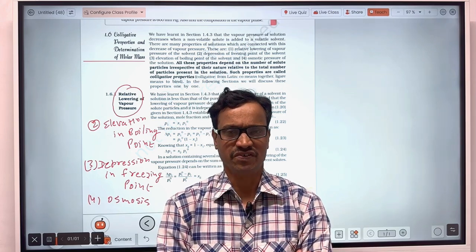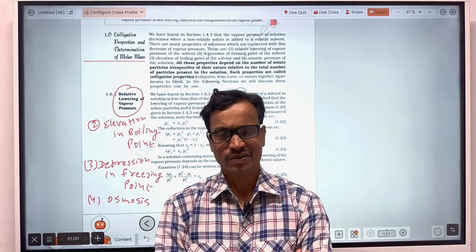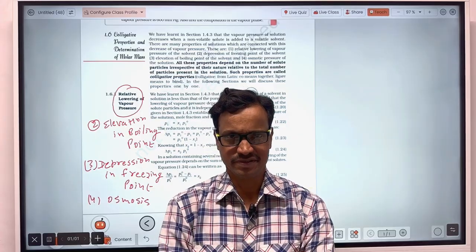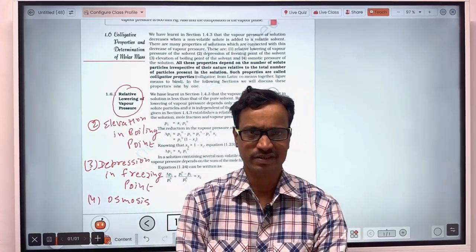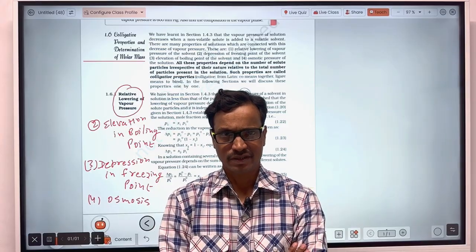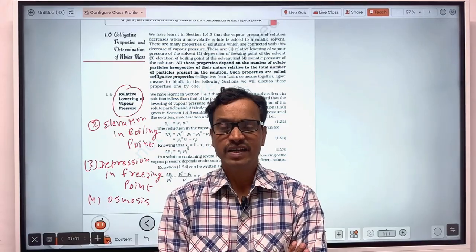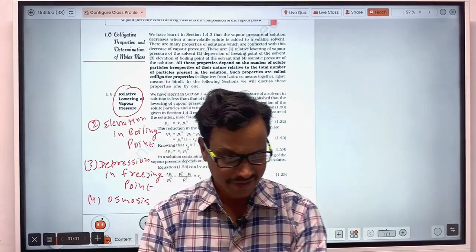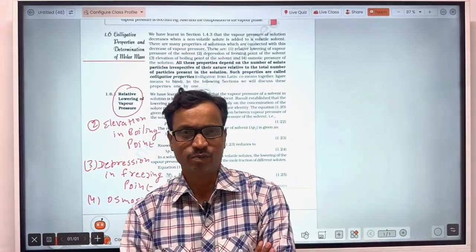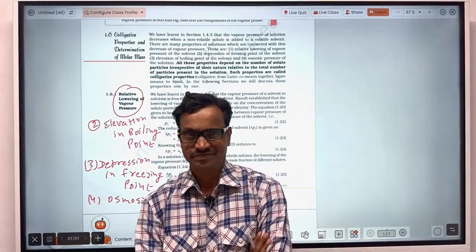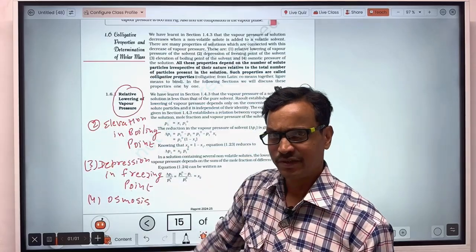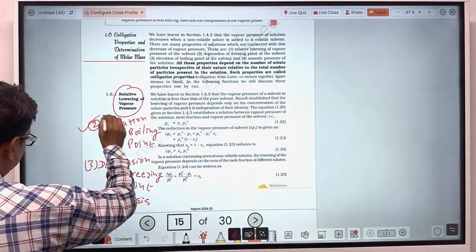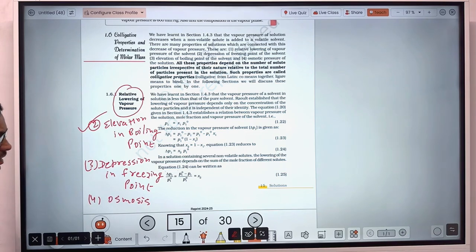When you dissolve salt or sugar in water, that means when you dissolve any solid in the water, the boiling point will increase. There will be an increment in the boiling point of the solution. So the boiling point will elevate. So when you dissolve any solid in a liquid, its boiling point will increase.